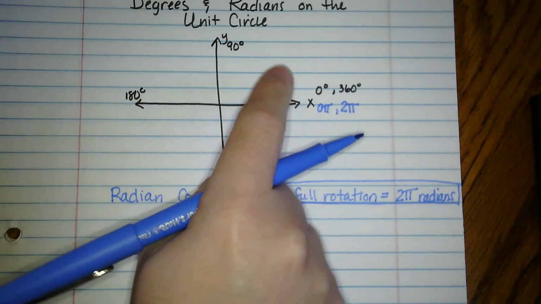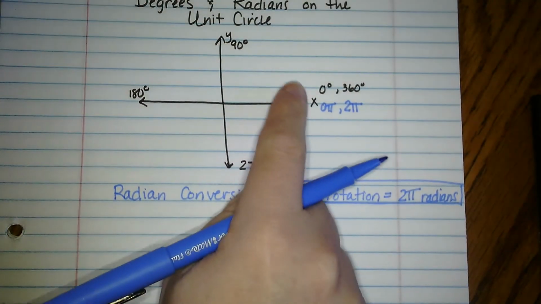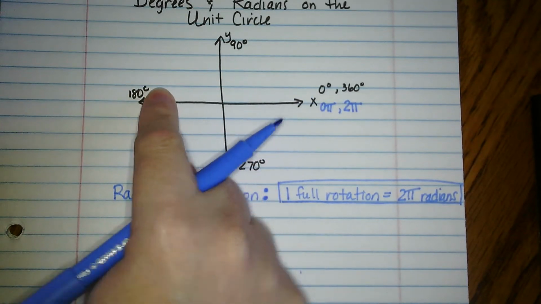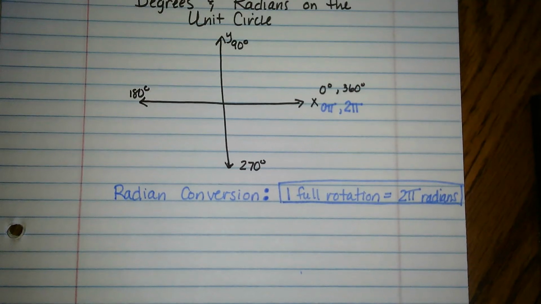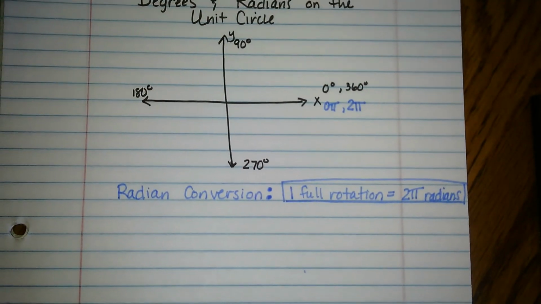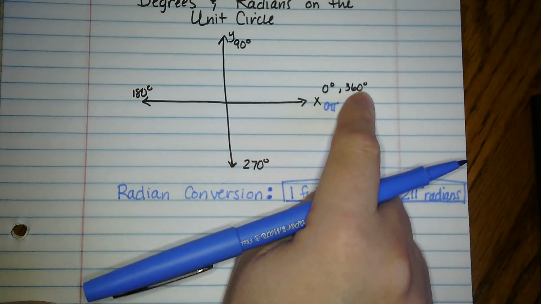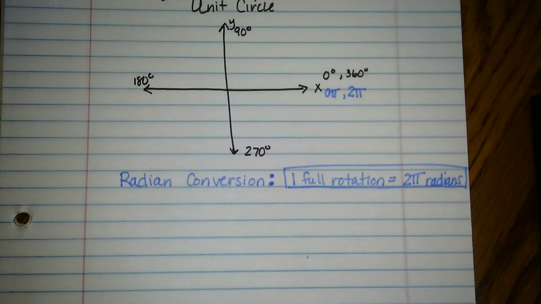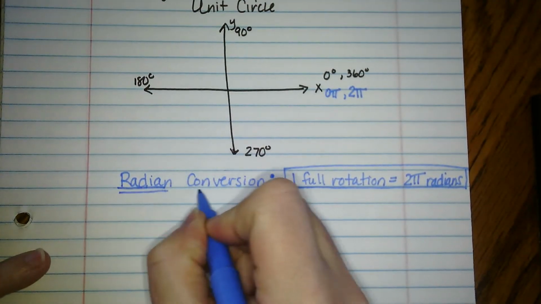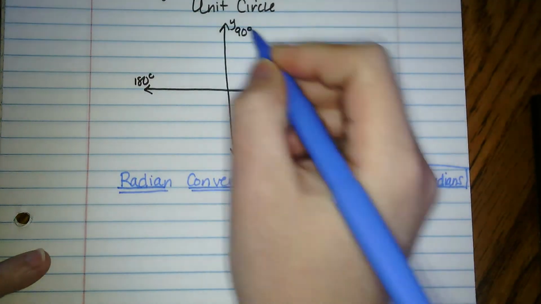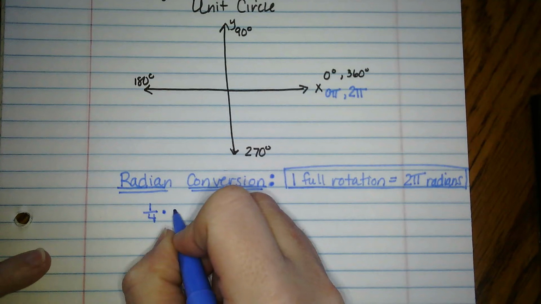Now we're going to look at these 3 positions. If you look at the quadrants, they break this into fourths. So this is 1/4, 2/4, which is 1/2, 3/4, and then, of course, 4/4 takes us right back to the full circle. If I want to know what 1/4 of 360 is, I would do 1/4 times 360, and that would give me 90. For radian conversion, it's the same thing. I know that 90 is 1/4 of 2 pi.